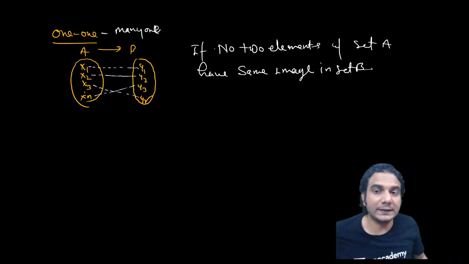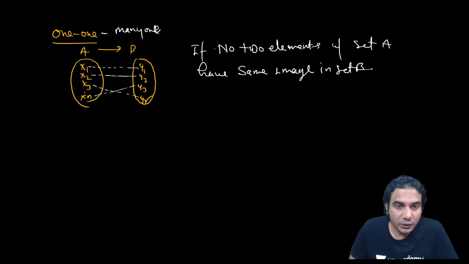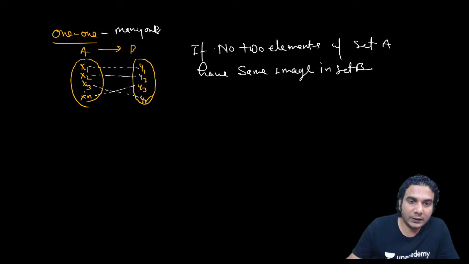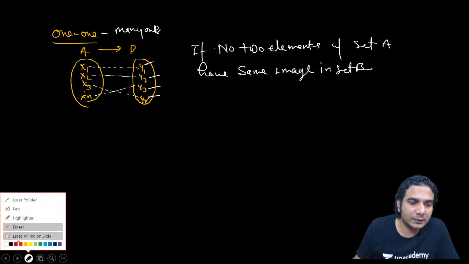But that is not the case now. Now x1 and x2 cannot go to the same place. So to understand this, we are taking these elements not as boxes but like chairs. Okay, these are like chairs, seats. It's better to write seats. So these are like seats.